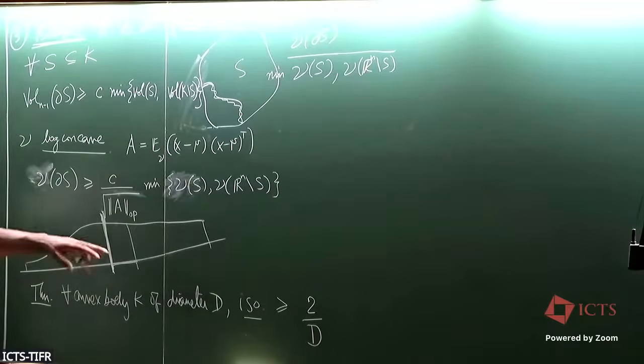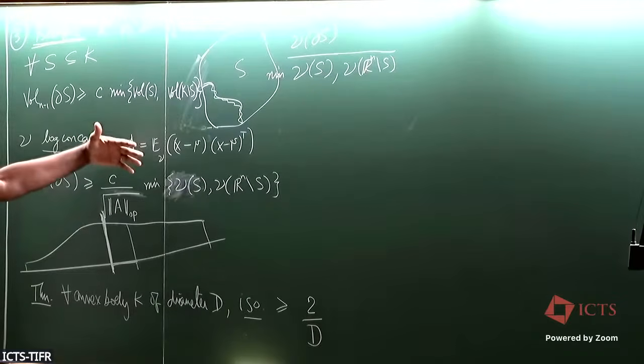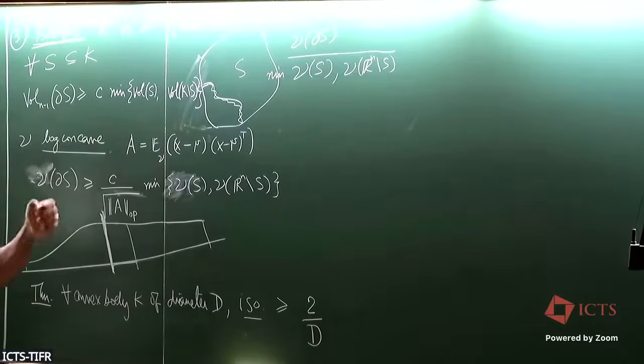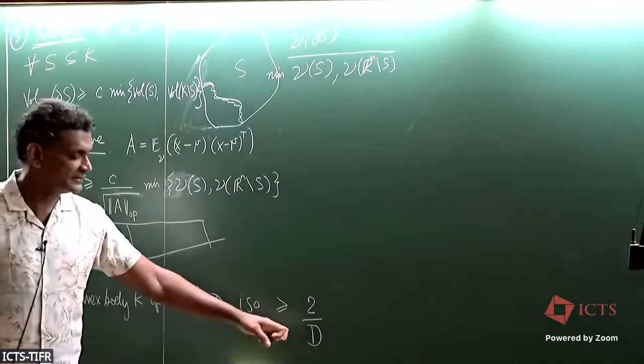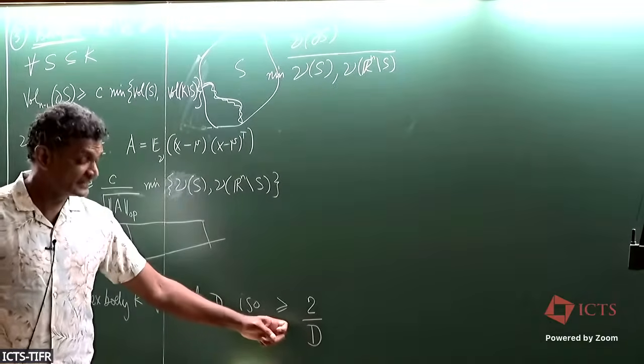You can see that the operator norm of the covariance matrix cannot be more than the diameter squared, because no point can be longer than that. Even the trace is at most the diameter squared. So this is a true theorem proved by them, and this is tight.